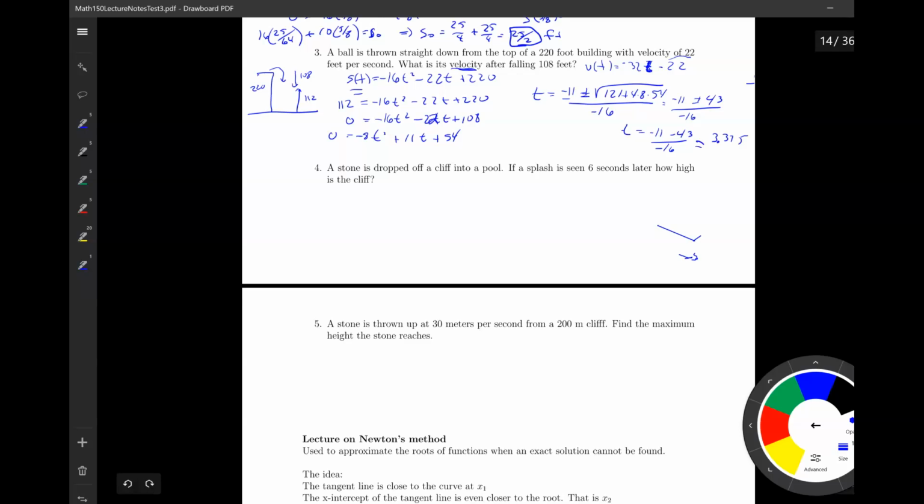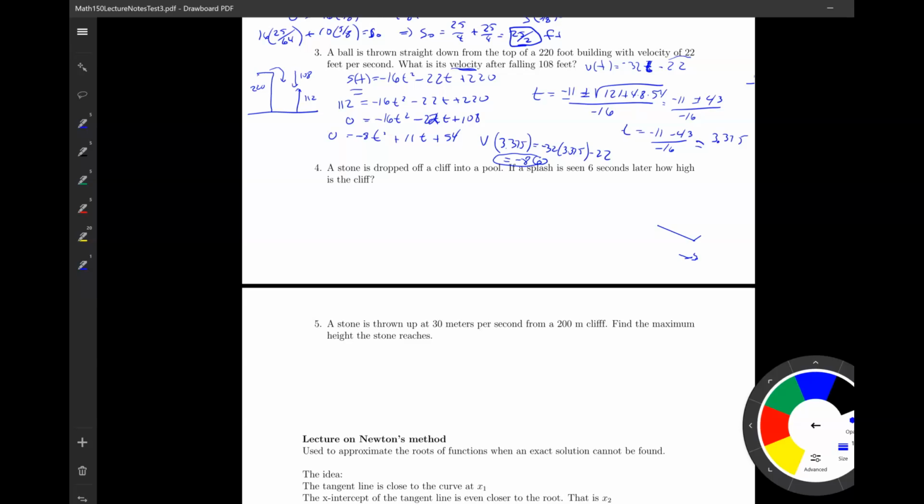The velocity after falling. So I put 3.375 into my velocity equation, so negative 32 times 3.375 minus 22, and putting that into my calculator, that gives me negative 86 feet per second. That's how fast it's going.